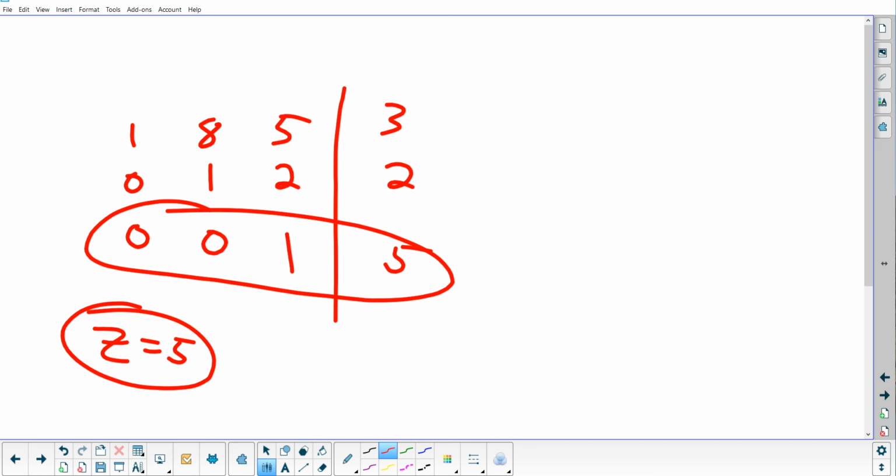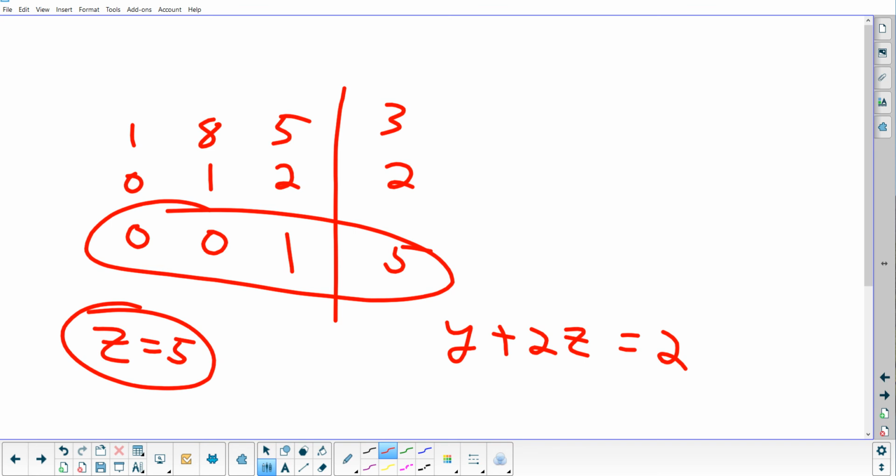Now, what does this top equation say? y plus 2z equals 2. Well, we already know z from the bottom, so now we can plug that in and say y plus 10 equals 2 and solve for y. And then once you have y and z, we can go back to the top row and plug into that one and get x.